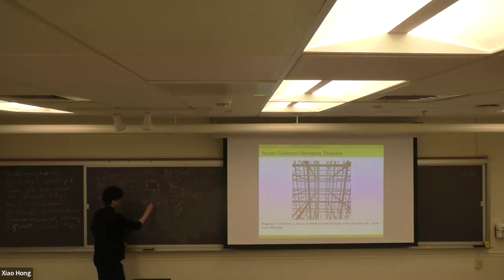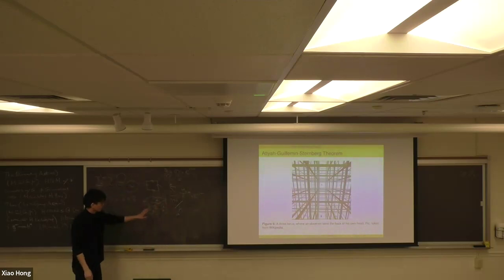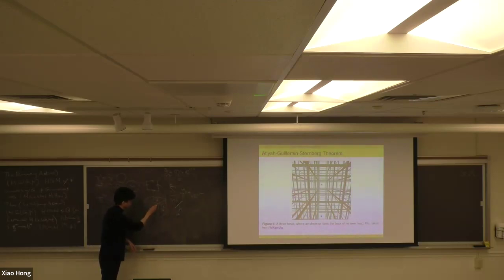And analogously, it is the identification of the cube. We identify the back and the front, left and right, top and bottom to get the 3-torus. And we will see that if we position a small person in this room, the person sees the front.